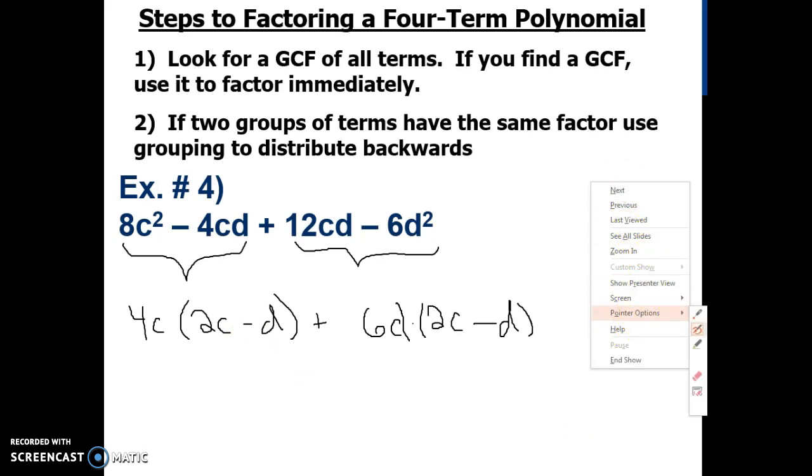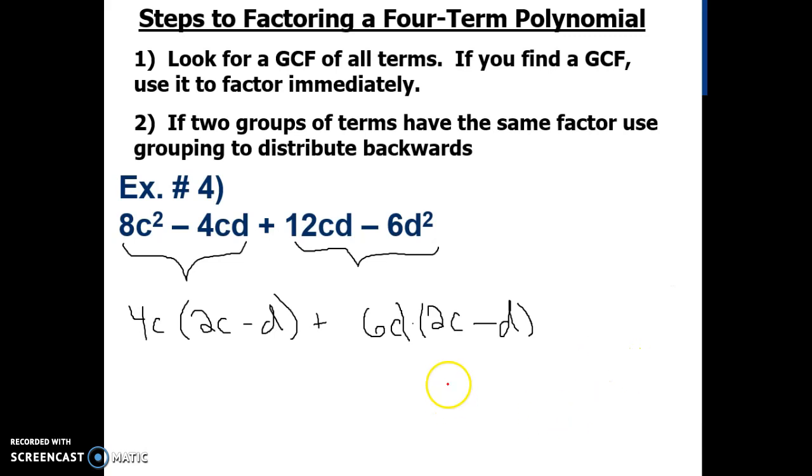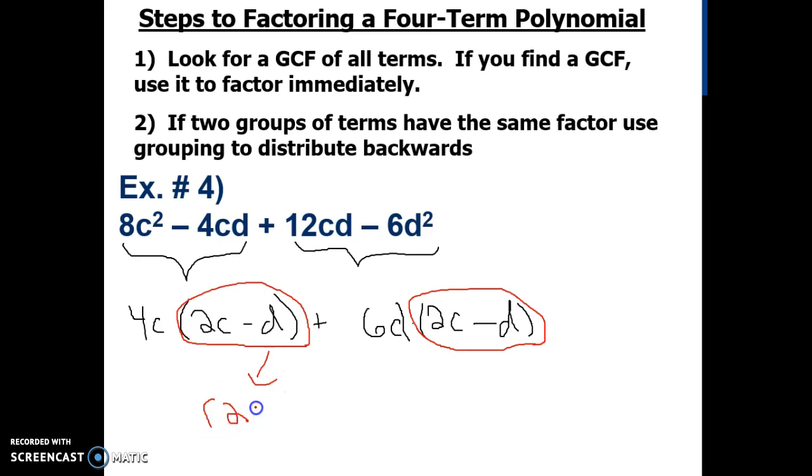Okay, but what we're really doing is, again, we're using reverse distributive property here. What I'm basically going to do is take these two factors, and consolidate them and just write them down here once. I'm going to write parenthesis 2c minus d.